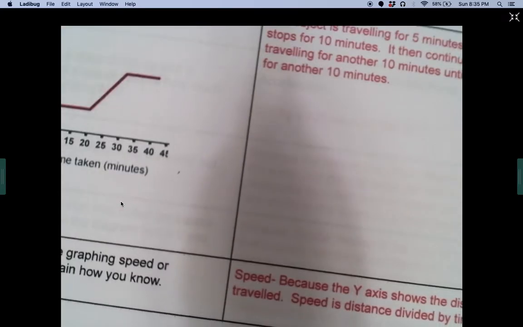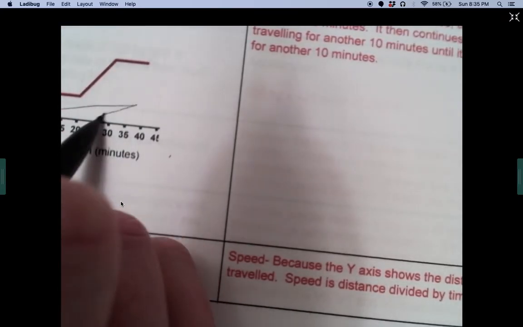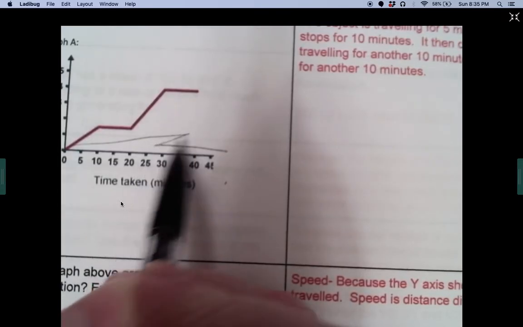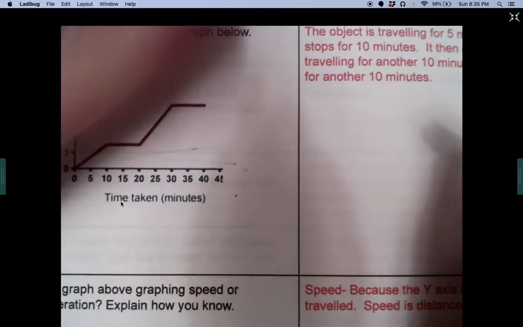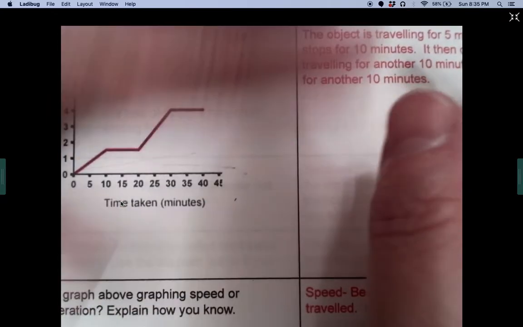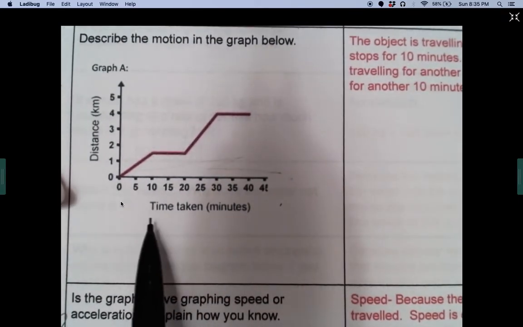So you're never going to have a line that goes out here and then goes back that way, because you cannot go back in time. We are not in the movie Back to the Future or Mr. Peabody and Sherman. We don't have a Wayback Machine. So time is always going to continue on.